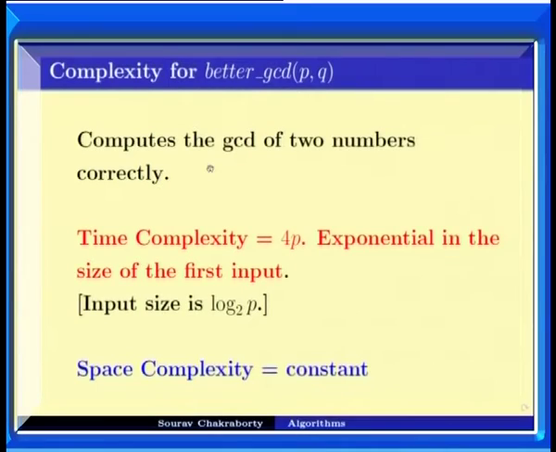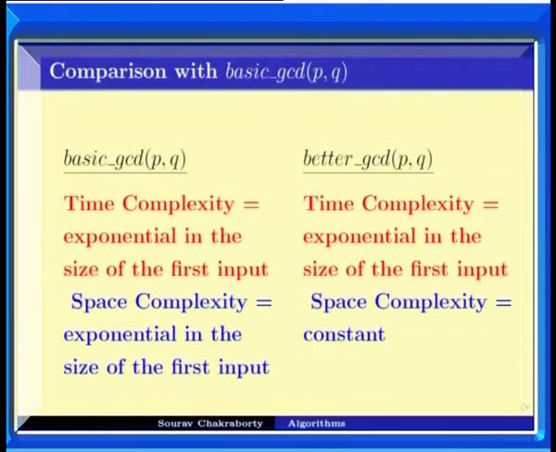Again we saw that this algorithm does compute the GCD correctly. The time complexity was again something like 4p, which was exponential in the input size, log p to the base 2. But the space complexity had significantly improved. Instead of storing this whole array of p places, we could store only a single variable, temp, and thus the space complexity goes down to constant.